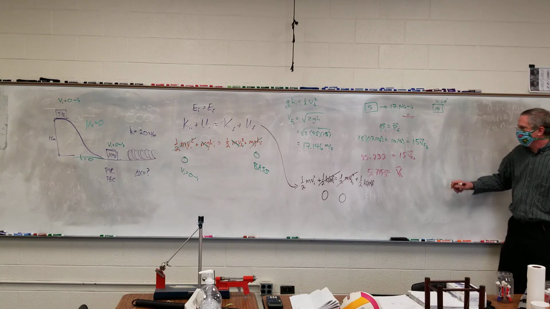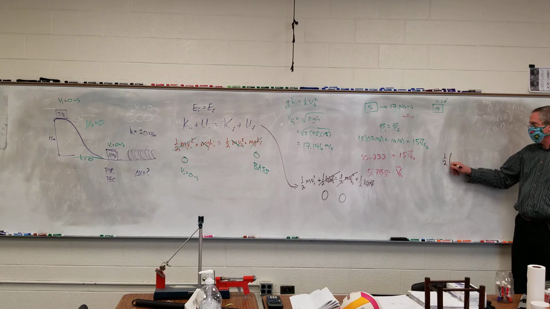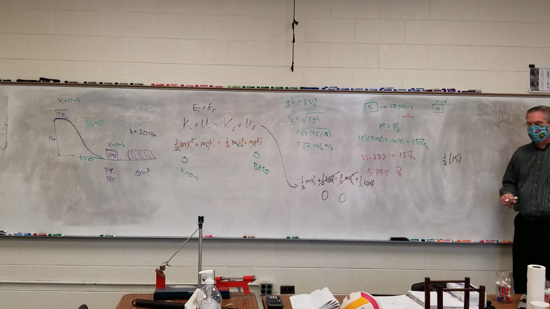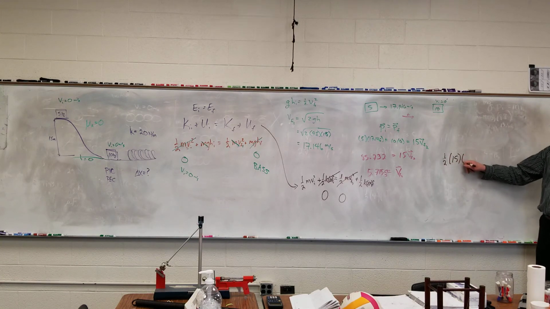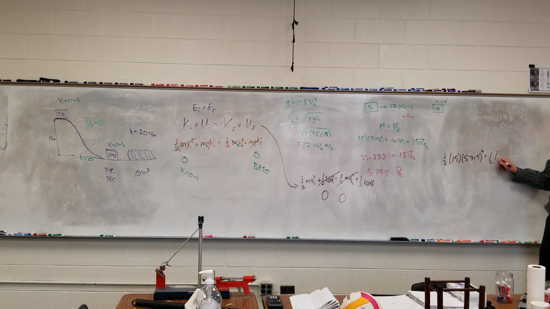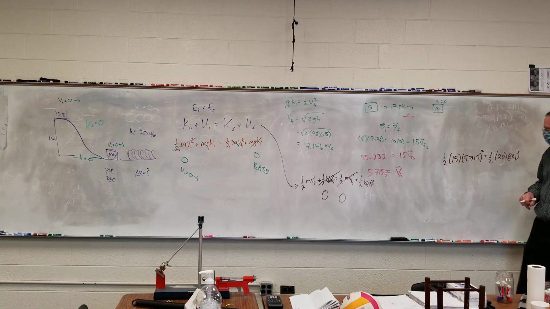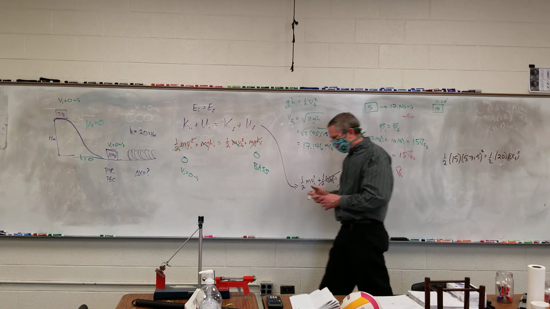So we have now reduced it down to 1/2 times the mass times the speed just before hitting, which is 5.715 squared, is equal to 1/2 times k, which I established, I did do that one at least, 20, times delta x final squared. And so now it becomes a math problem.